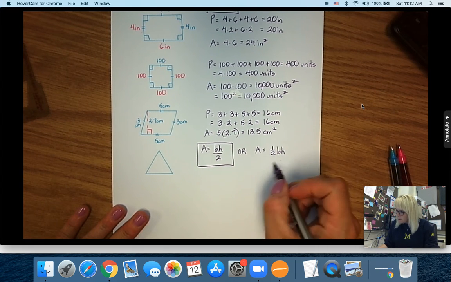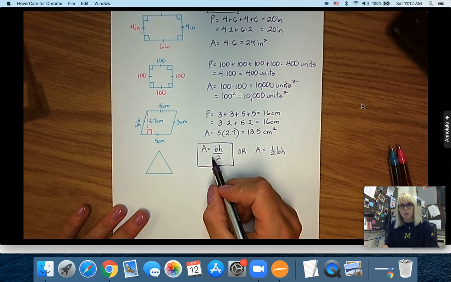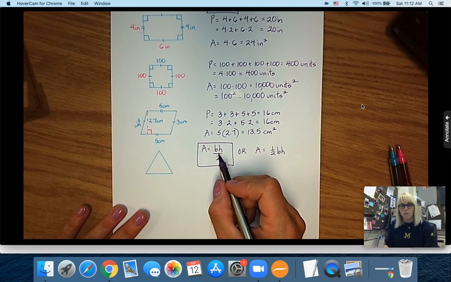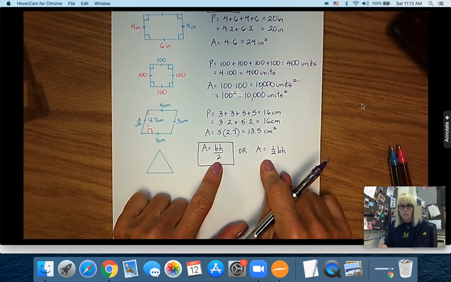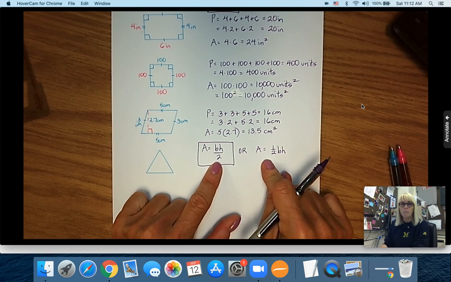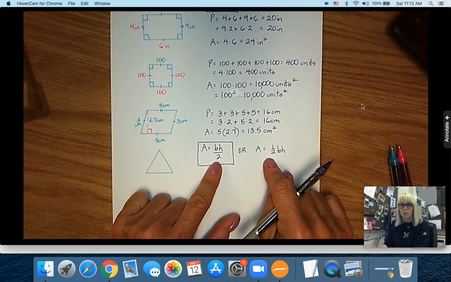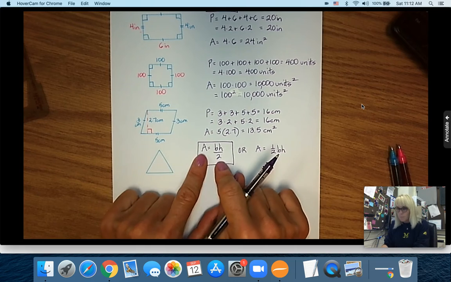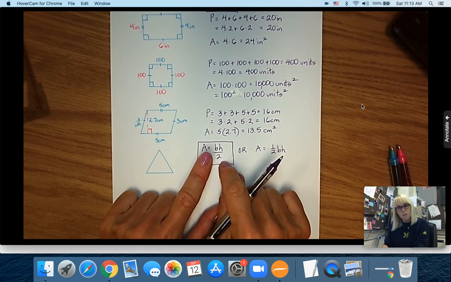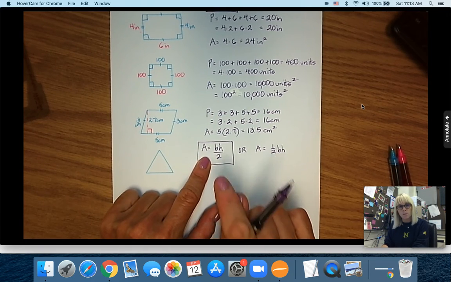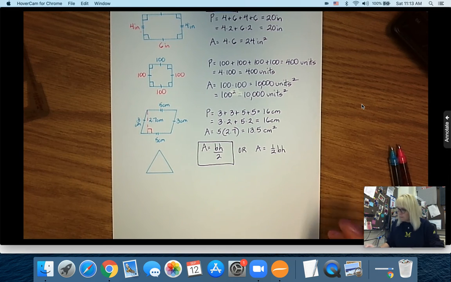So you may continue to use this formula if you like, or you can switch over to the easier version of base times height divided by 2. Are they different? Not at all. Dividing by 2 and multiplying by 1/2 are the exact same mathematical operation, and they render the same result. I am just here to tell you that people are more successful with this version. Take it or leave it.